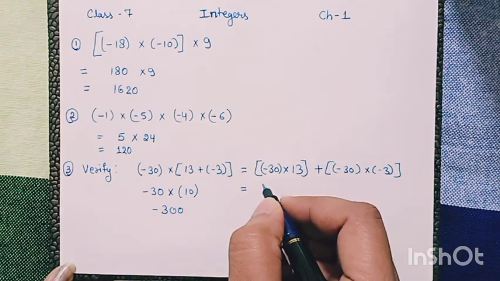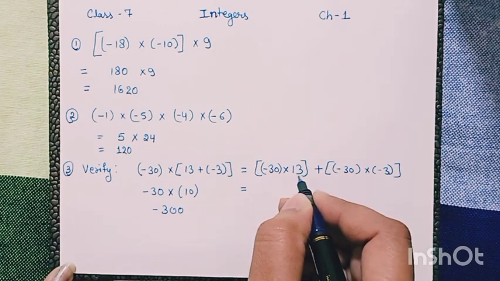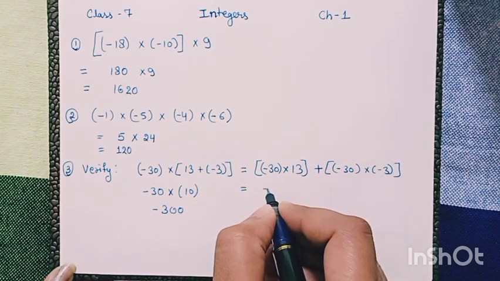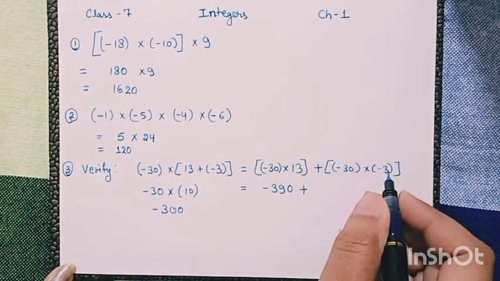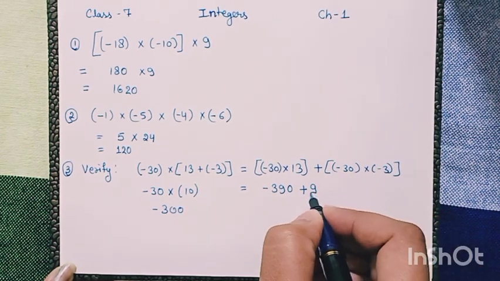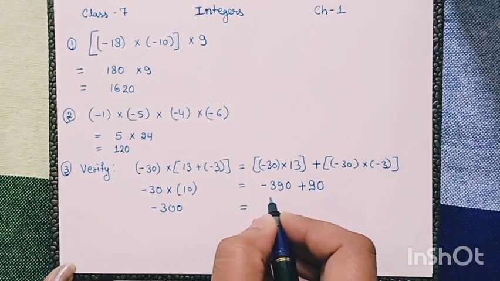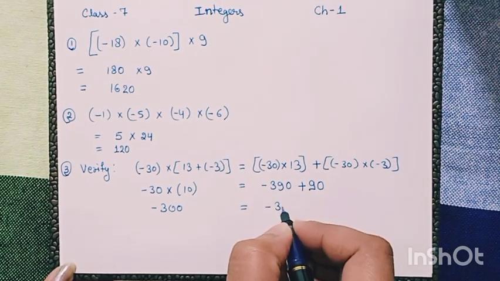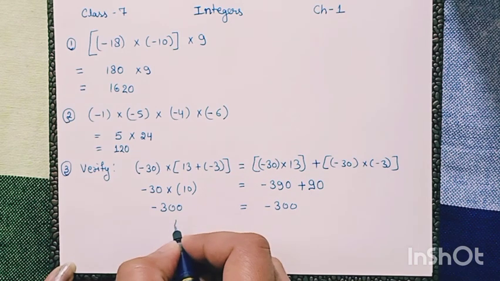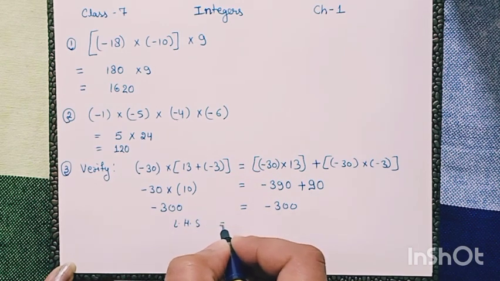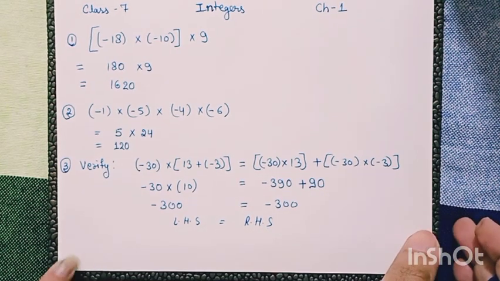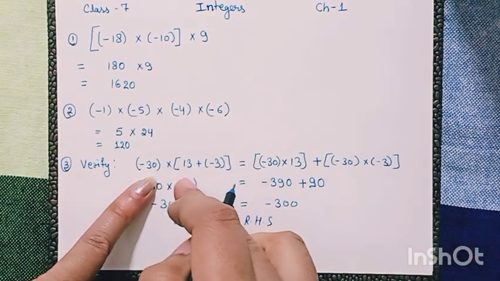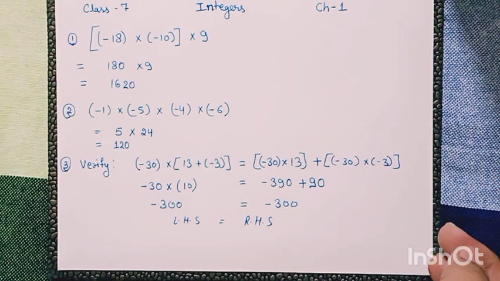So coming to the right hand side, we have minus 30 and 13, it will be simply minus 390, plus these two multiplications will give us plus 90, and on solving these we have minus 300. So that's simple, LHS is equal to RHS, hence it is proved. Basically, this type of property is called the distributive property. Okay, so practice some more questions on this.